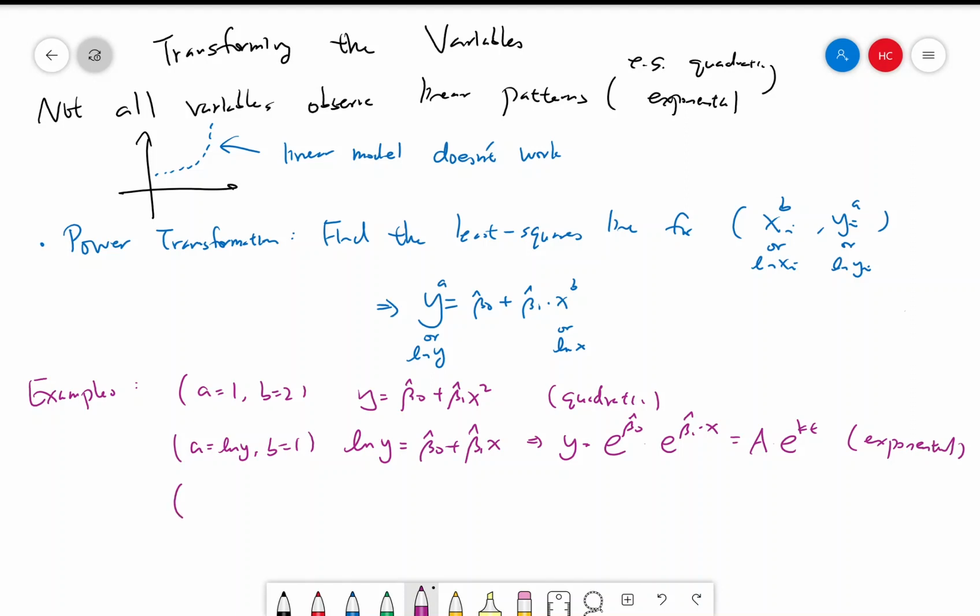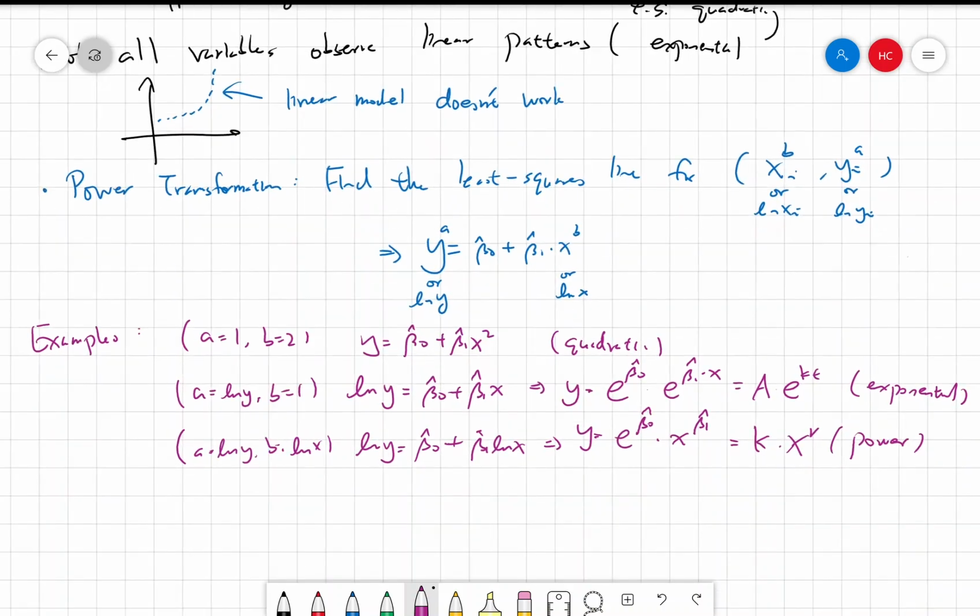And if a is ln of y and b is ln of x, then we get ln of y equals beta 0 hat plus beta 1 hat ln of x, which gives you y equals e to the beta 0 hat times x to the beta 1 hat, equals k times x to the r. So this gives you a power model which assumes that y is proportional to a power of x, and the power is unknown.